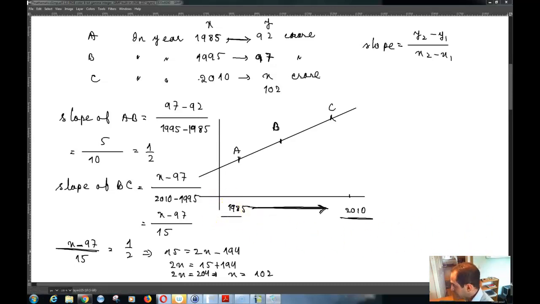Oh, okay, that's where I've made the mistake. That's 209. That means that x is equal to 209 divided by 2, which is equal to 104.5 crores, which is the correct answer here.